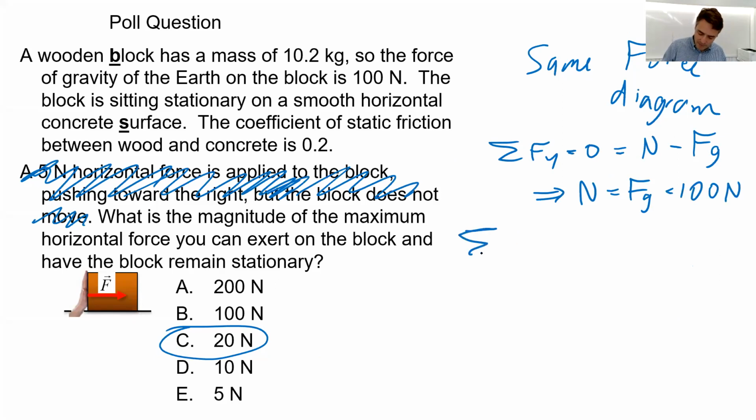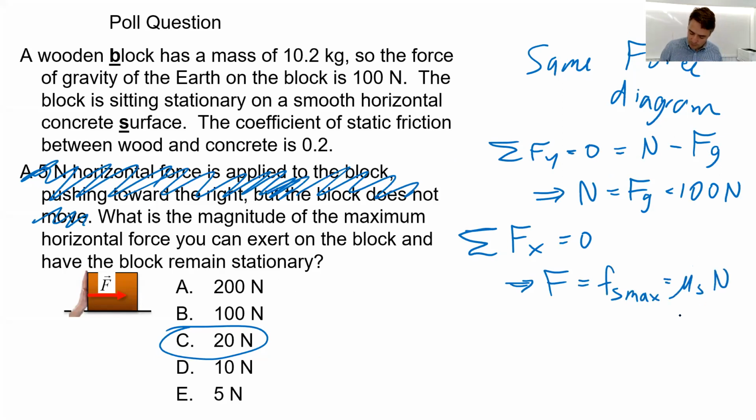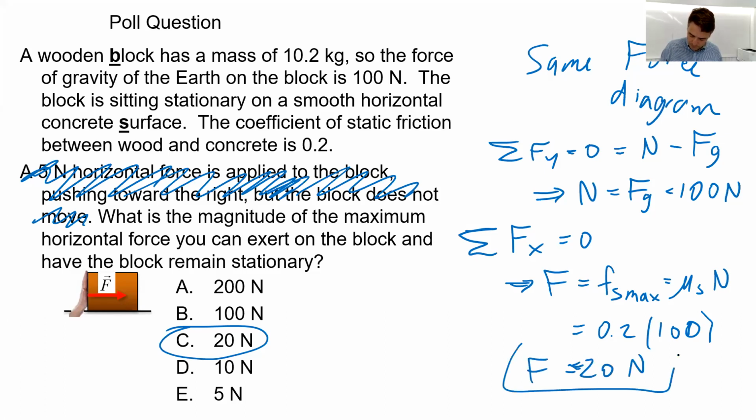And then the sum of the x forces equals 0. So again, what that means is that the pushing force is equal to Fs. In this case, now it's Fs max. So that's mu sub s times the normal force. So it's equal to 0.2 times 100. And that's how you get the 20 newtons. F equals 20 newtons. So that was good.